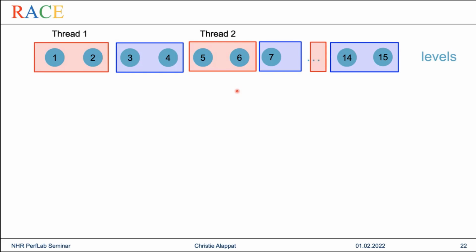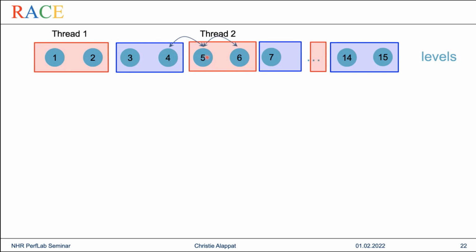And now we also don't have any write conflicts, because let's say we focus on thread 2's level group, there is level 5. If we have indirect writes on level 5, it will go to level 4. But level 4 is in a blue colored level group, and this is not done by any threads in the current step.